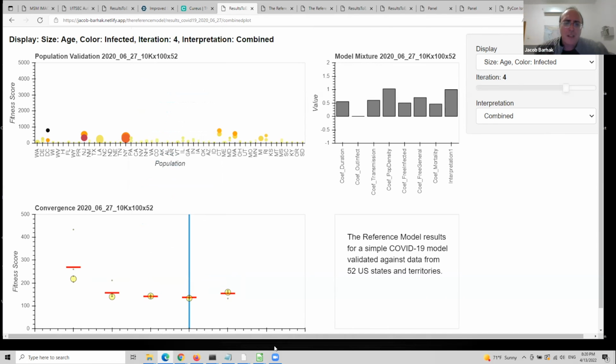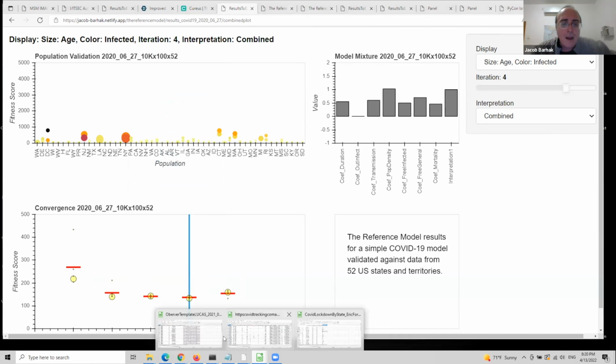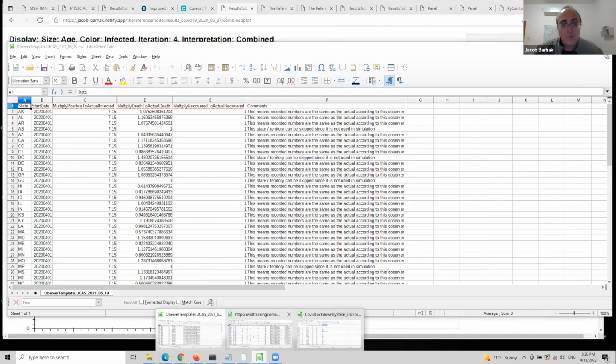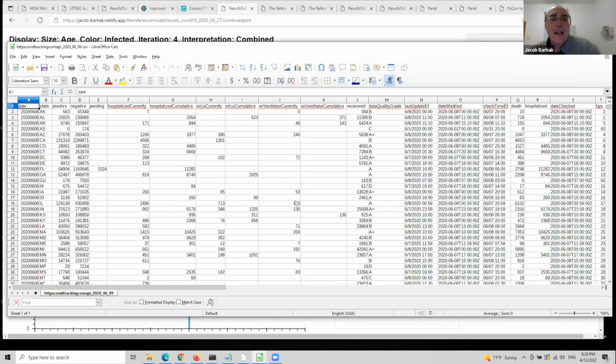Now, what is the data that we have? Let me show you how the data looks. One of the big problems is getting data. Here is data from the COVID Tracking Project.